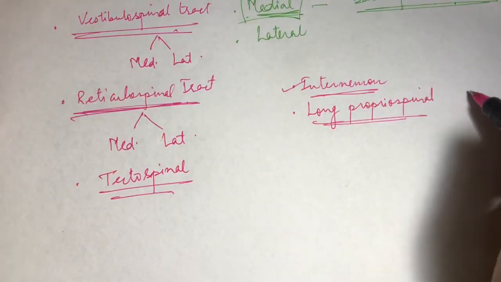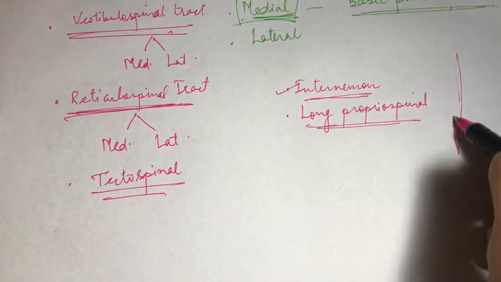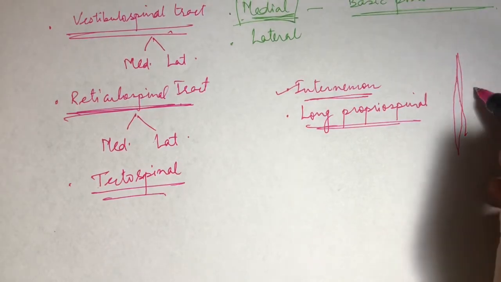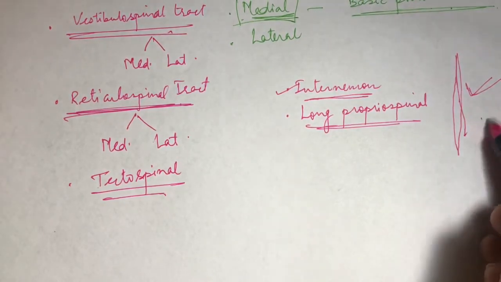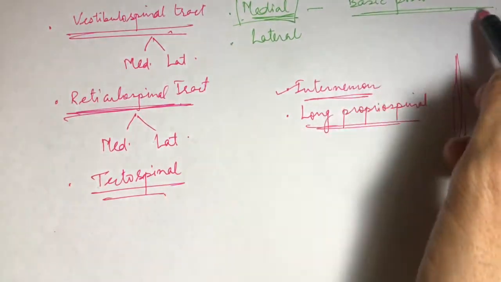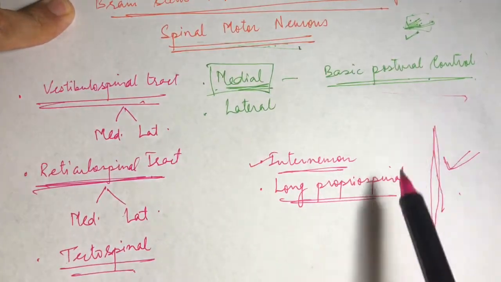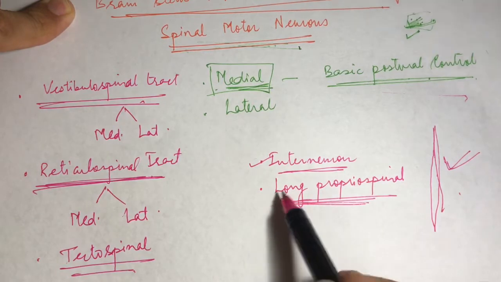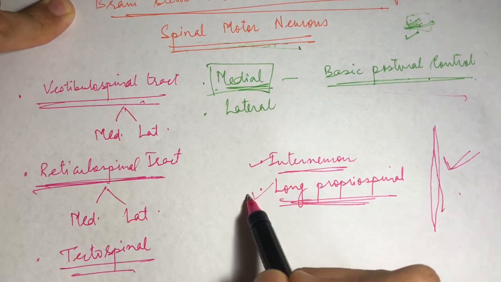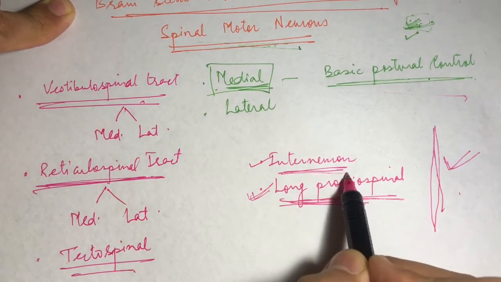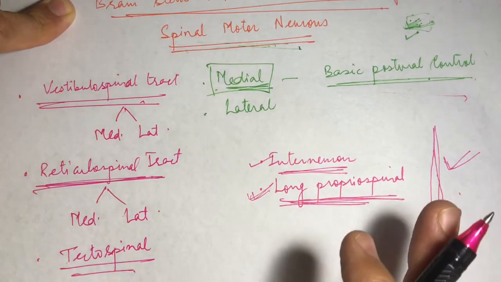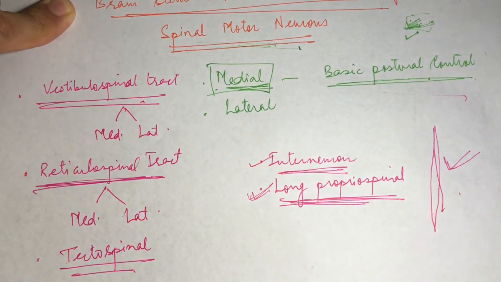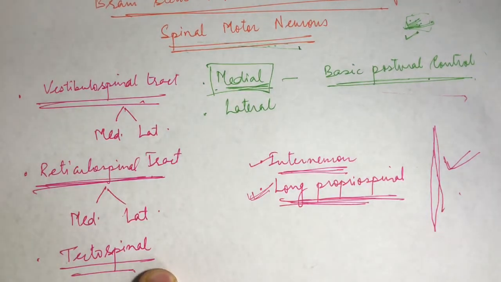The long ones were almost traversing up and down the entire spinal cord, and that was helping in maintaining the posture, right? And the function of these medial pathways is basic postural control. So definitely these medial descending pathways will have connection with the long propriospinal neurons and the interneurons. So they will influence the motor neurons that supply the axial and proximal limb muscles.